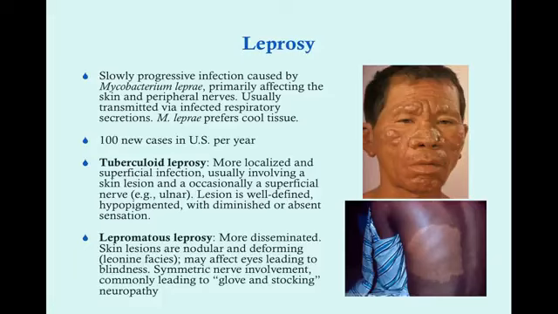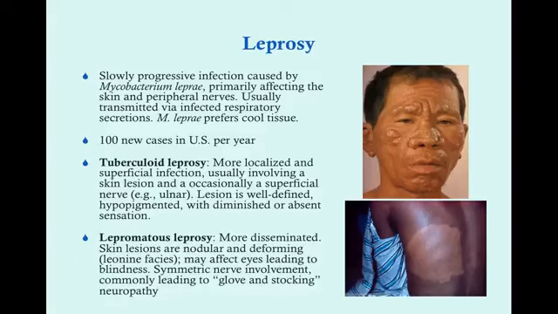This particular Mycobacterium leprae is endemic in the developing world, particularly in Southeast Asia, in Brazil, and in sub-Saharan Africa. As a matter of fact, the majority of cases occur in India, Brazil, Burma, Indonesia, Madagascar, and Nepal.